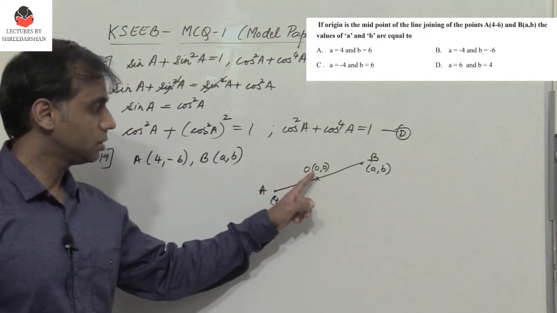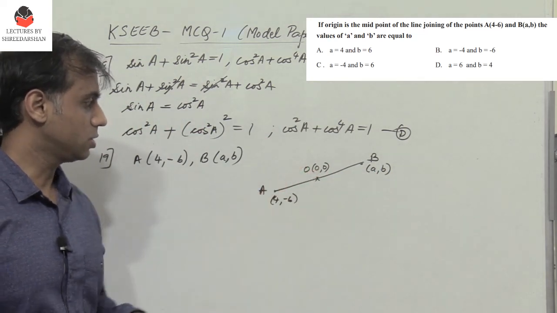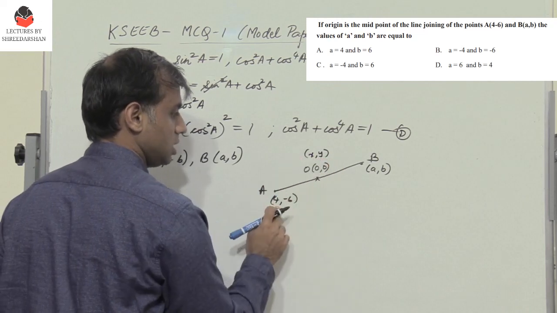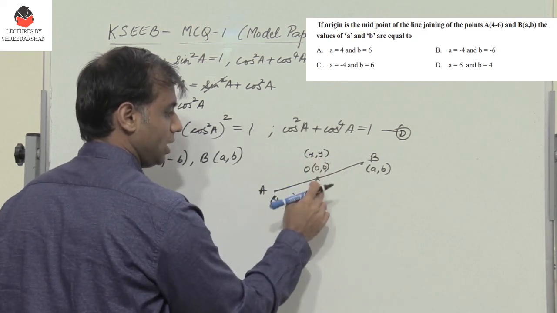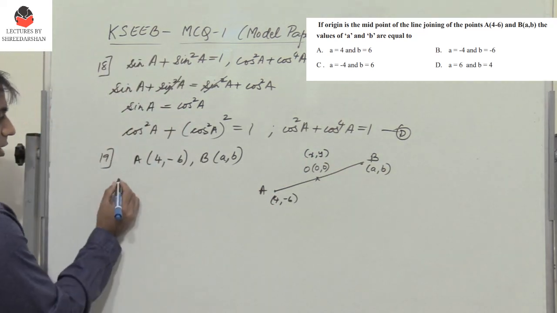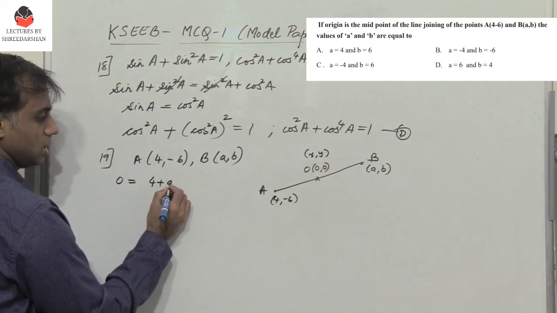Now we know that from the midpoint formula, the first value, say if this is x and this is y, what is x? X is x1 plus x2 by 2. Y is y1 plus y2 by 2. So instead of x and y, I have 0. So let me write 0 equals x1 plus x2, that is 4 plus a by 2.